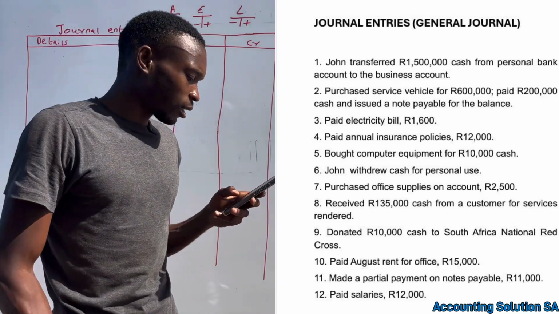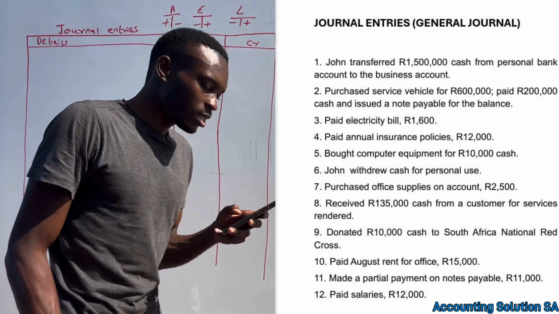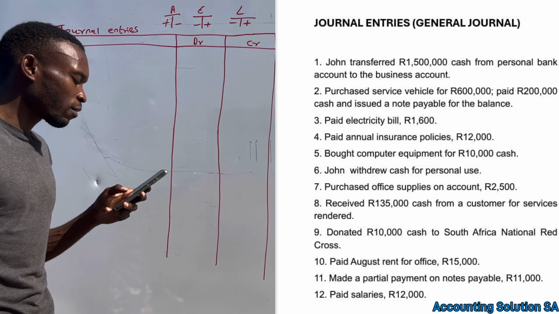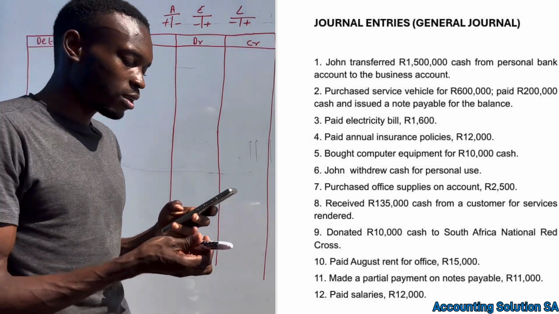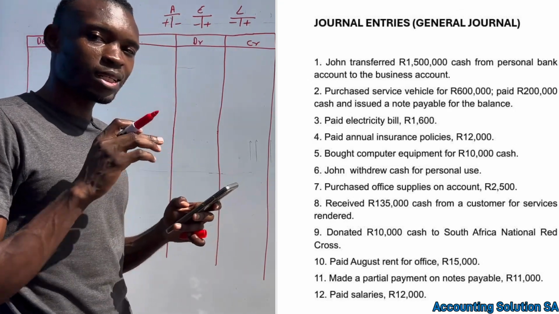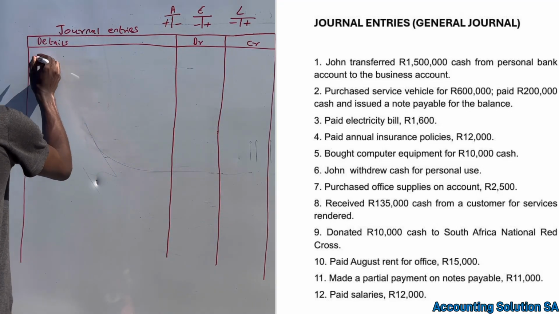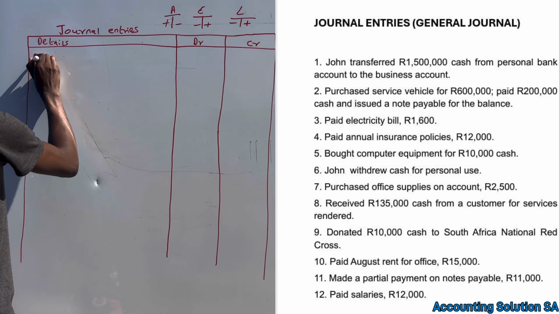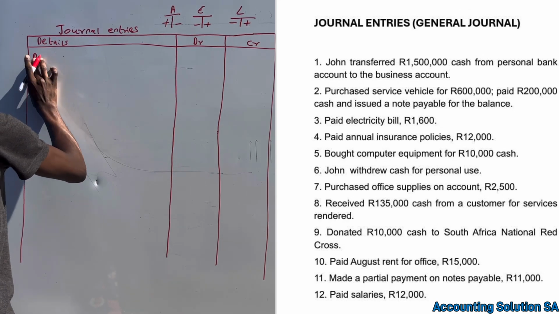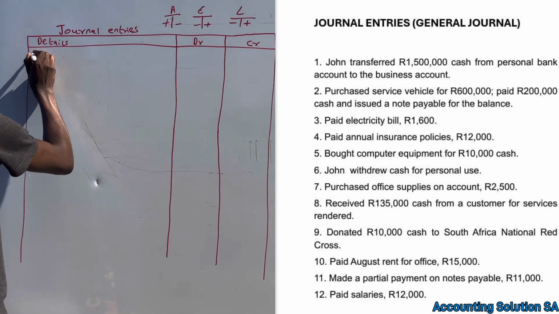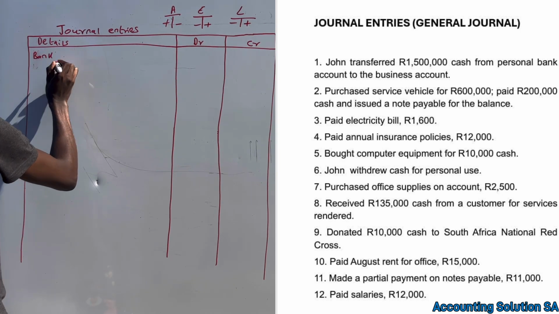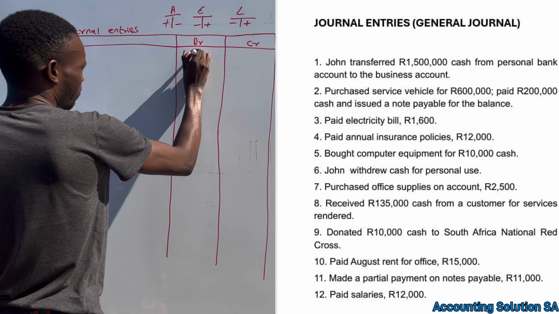From transaction number 1, the first component that we are going to identify is bank, because of the word cash. The business has received cash, which means that we have to debit bank for an amount of 1.5 million.